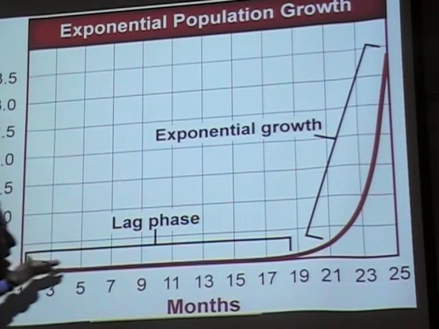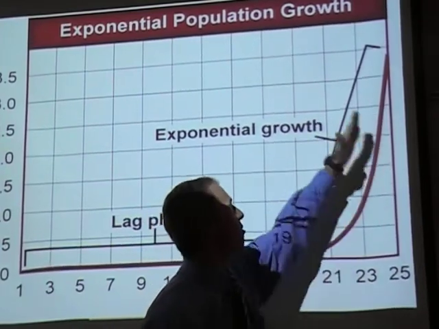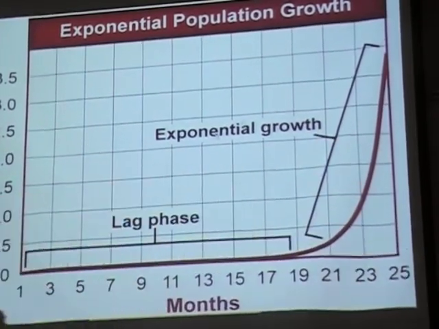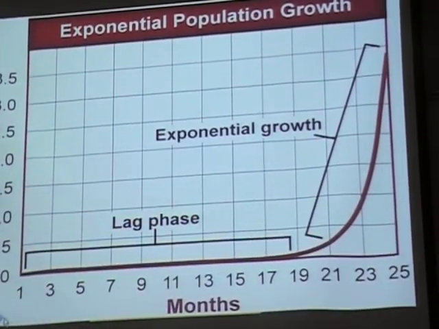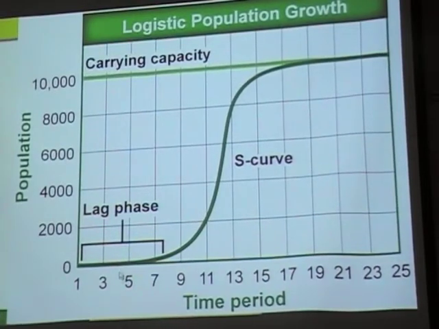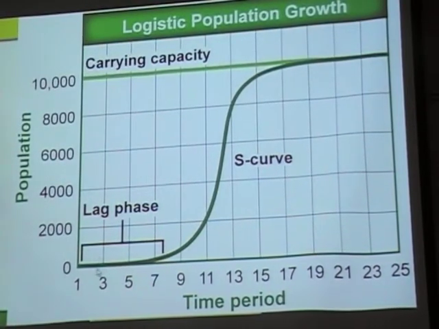All of these things will cause organisms not to be able to grow exponentially for long. And so what will they do? They'll level out. This is a normal population growth curve. It has a lag phase, it has an exponential growth, and then it levels out and stays steady at what we call the carrying capacity. The carrying capacity is the total amount of organisms an area can support.